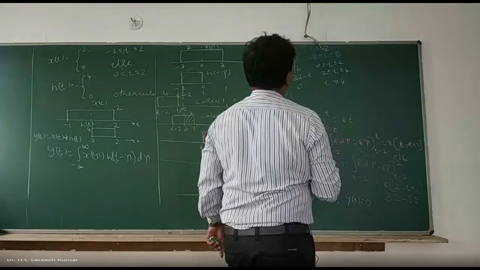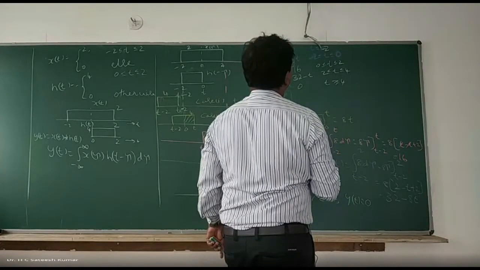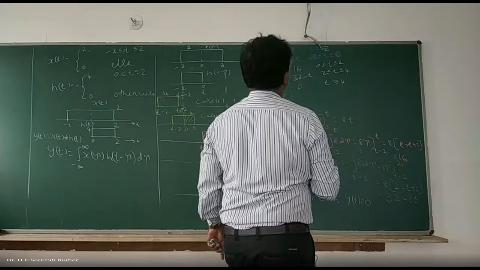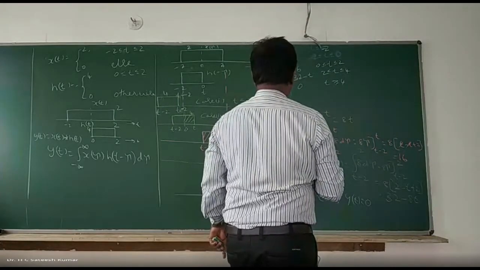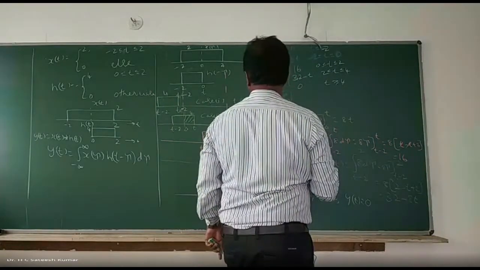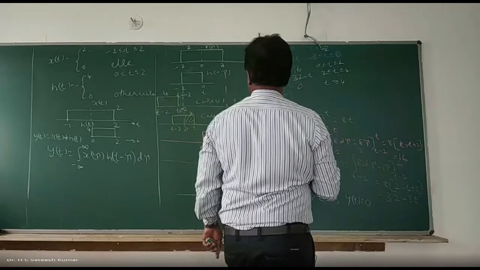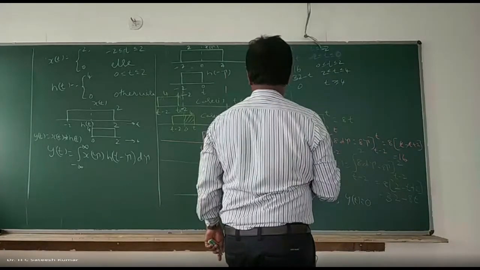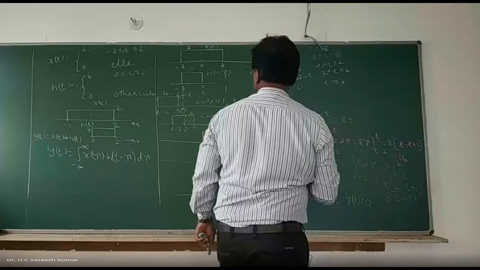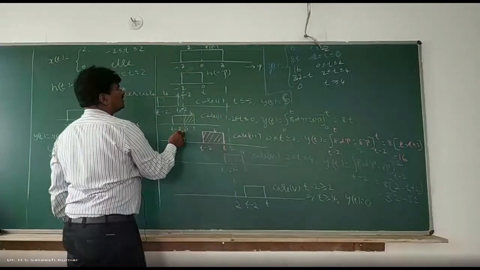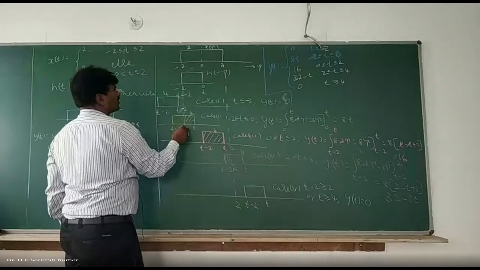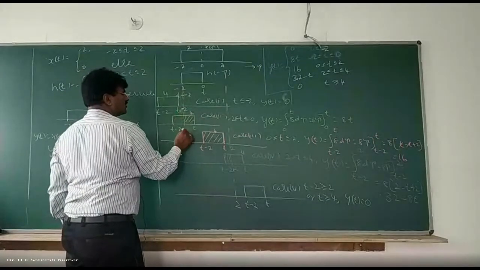t less than or equal to minus 2, but the answer is not matching. The second case is t lies between minus 2 to 0. Here I made a mistake, sorry. Here this is not 0, this is minus 2.